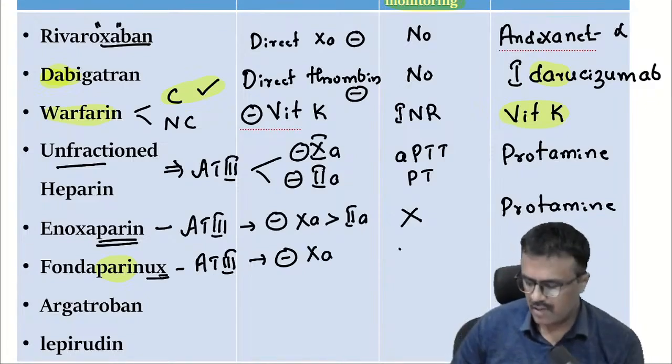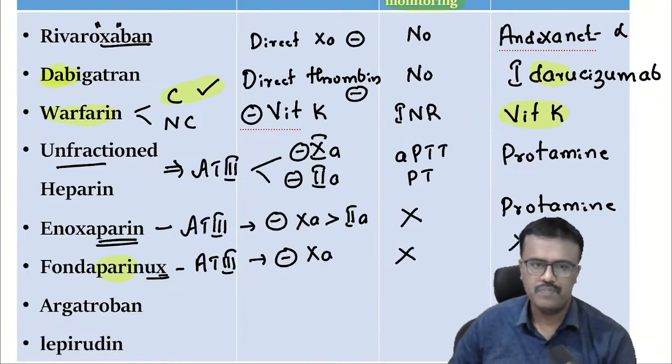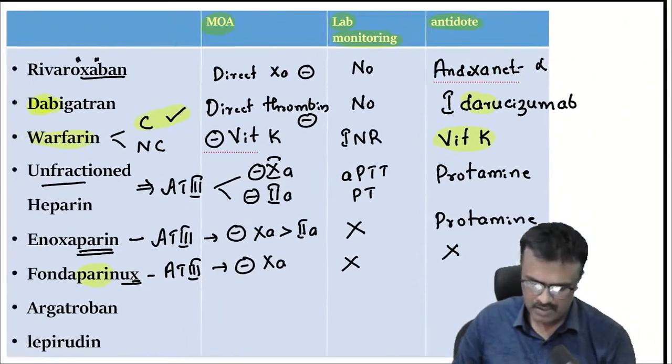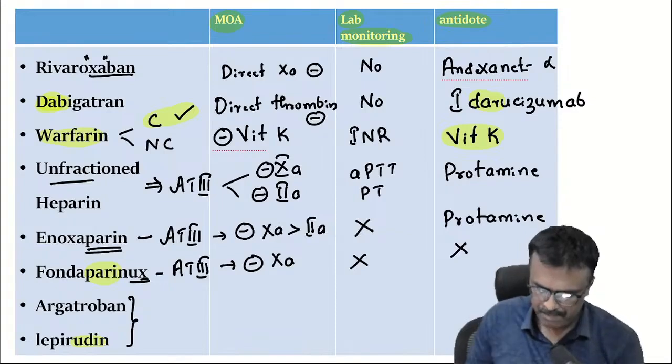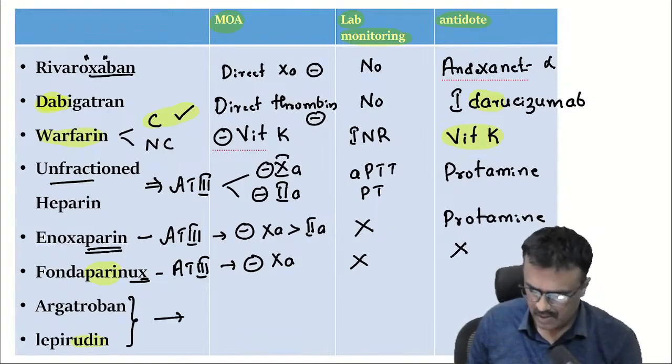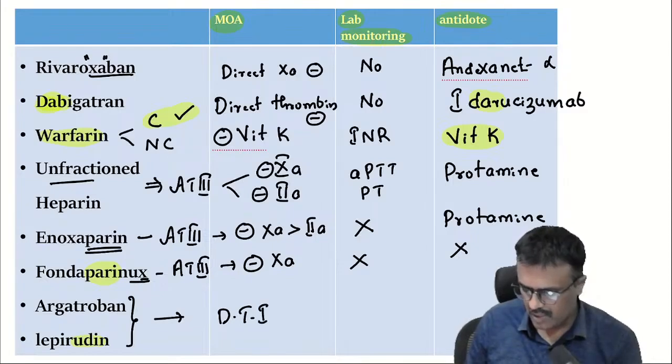Does it have an antidote? No. Does it have lab monitoring? No. Then the drugs argatroban and lepirudin, anything ending with rudin, these are direct thrombin inhibitors. Do they require lab monitoring?